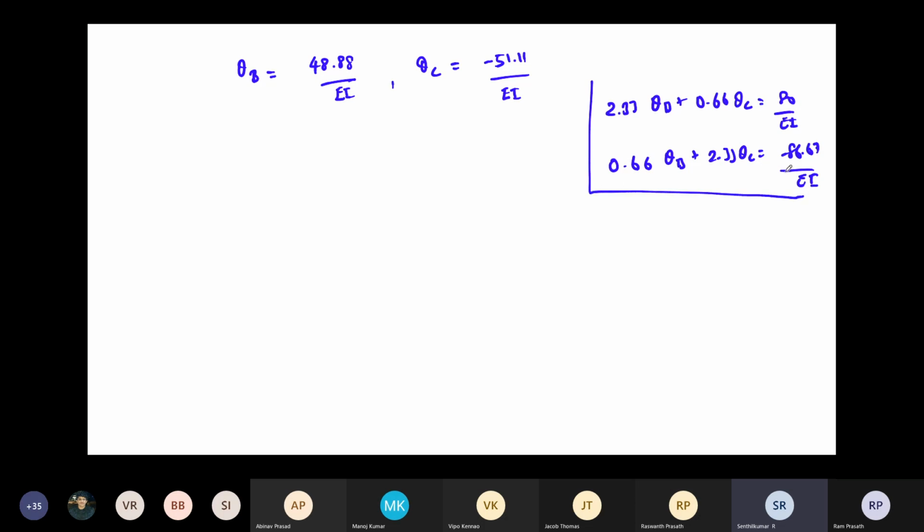So solve it and please tell, is that correct or not?